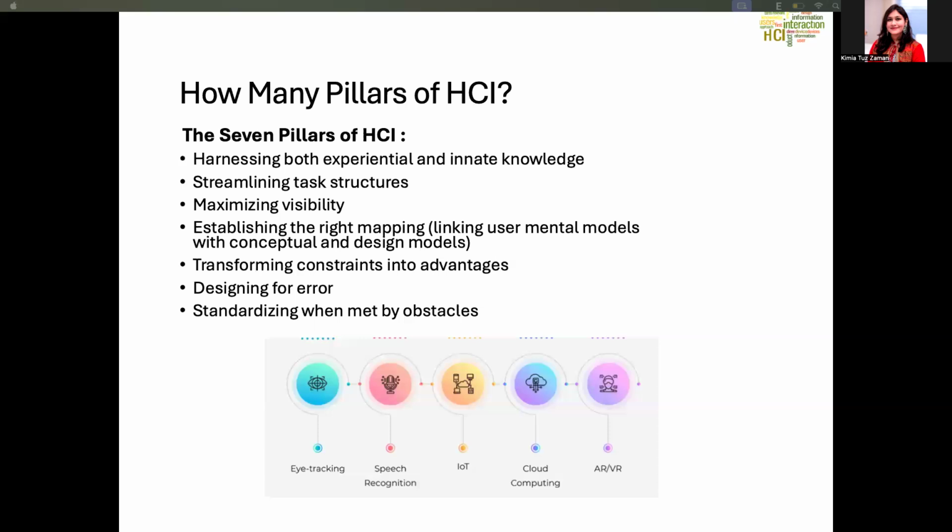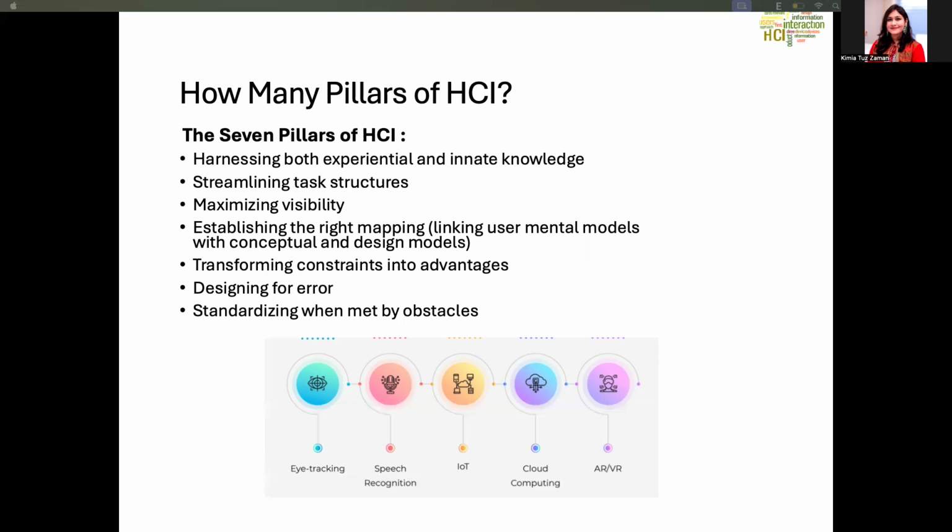For example, let's say you are standing in front of a stove with four burners and four knobs without any indicators on it, and you have no clue which knob controls which burner. That's basically an example of poor HCI mapping. Good HCI would definitely avoid that confusion.